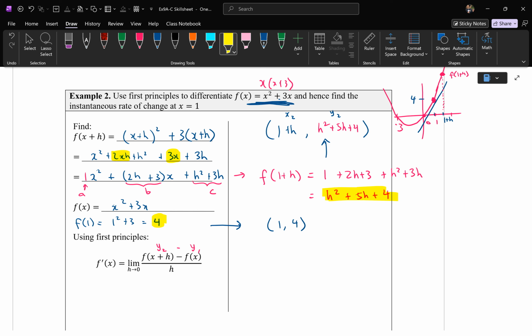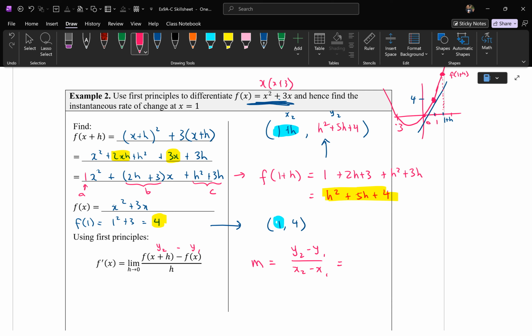That's my x2 minus x1. But can you see x2 minus x1, 1 take away 1 will cancel out. That's why you only have h in the formula. So here we go. Let's find the gradient. Remember back in year 9, gradient was y2 minus y1 over x2 minus x1. This is all I'm doing.